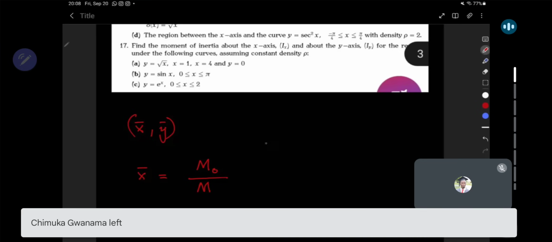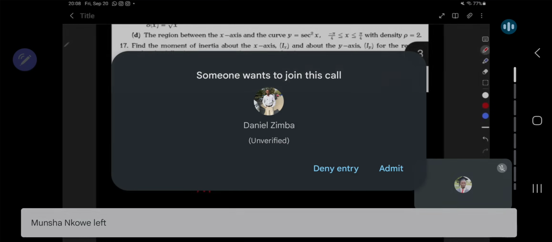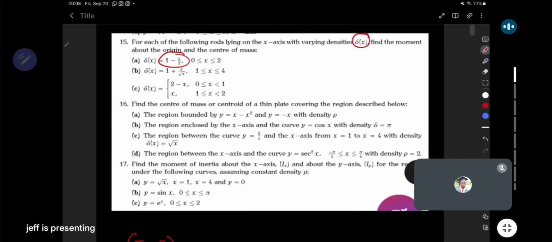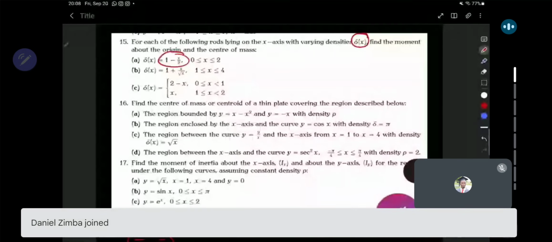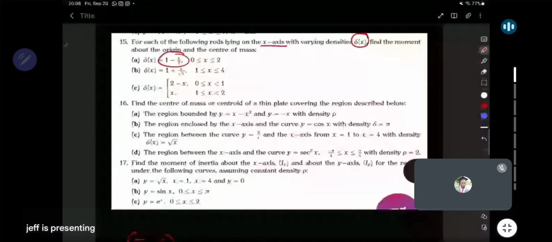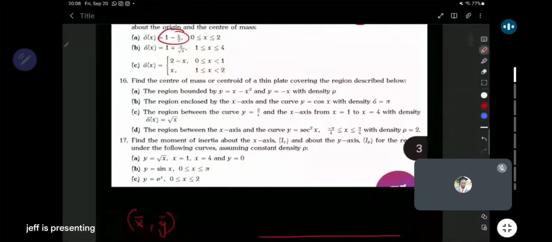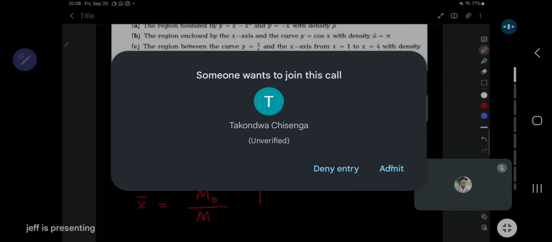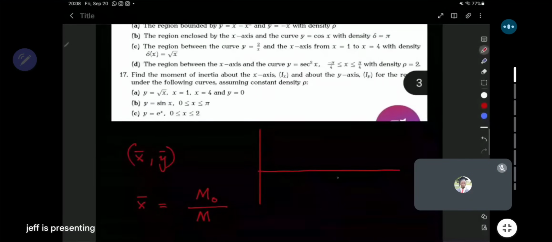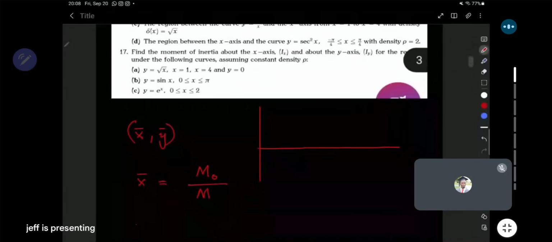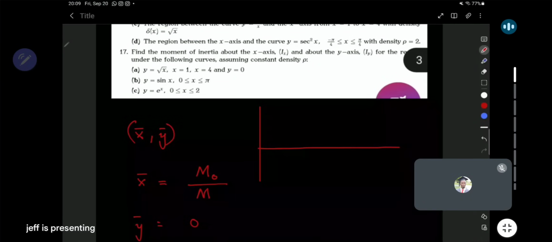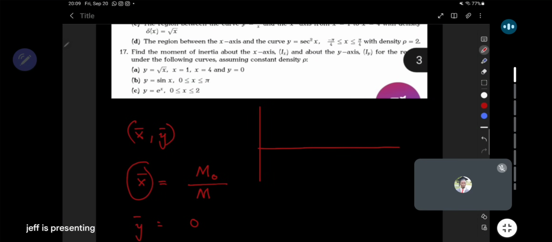And in this case, if we say that this is lying on the x-axis, which I think is what the problem is saying, then the y-coordinate of the center of mass will have to be 0, since these are literally on the x-axis. So the y-coordinate of the center of mass will already be 0. All we have to determine is the x-coordinate of the center of mass.